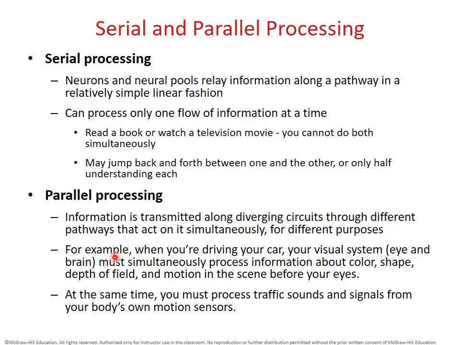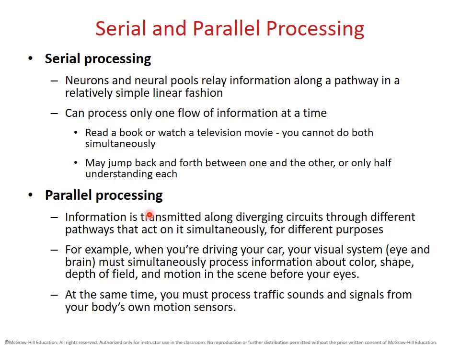So for instance, it's not uncommon for people to be able to type and have a conversation at the same time. It's not easy, but it's theoretically possible. Some people who are good at typing can do it. Singing and playing a musical instrument at the same time. Again, not easy, but many people obviously can sing and play an instrument at the same time. Two very different things that are happening, but they're happening simultaneously.